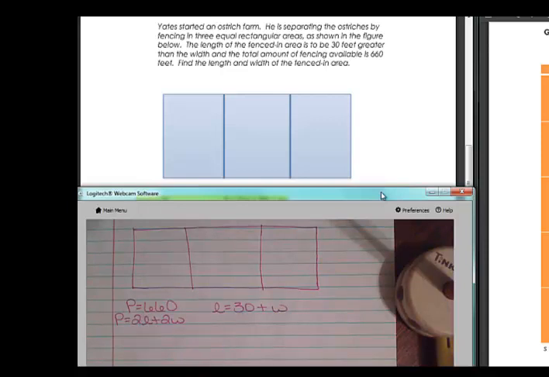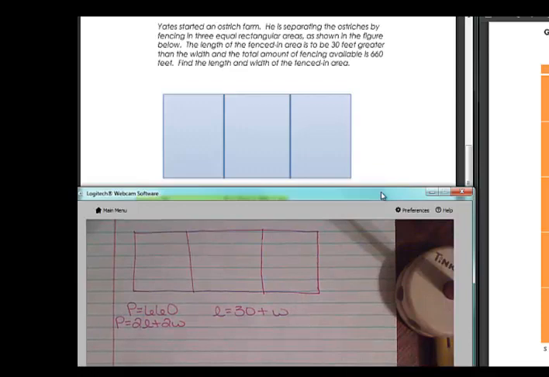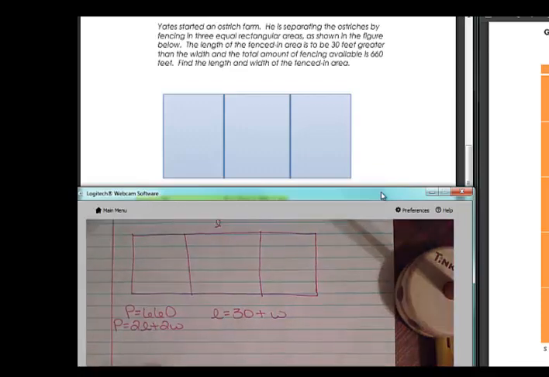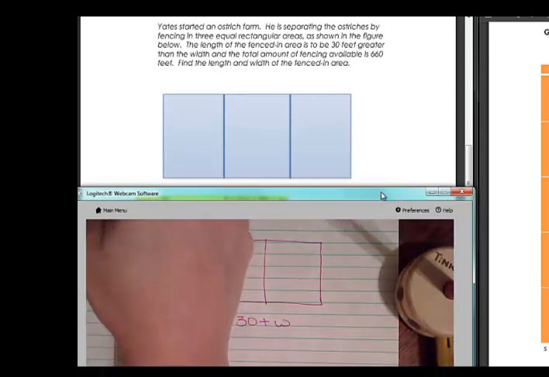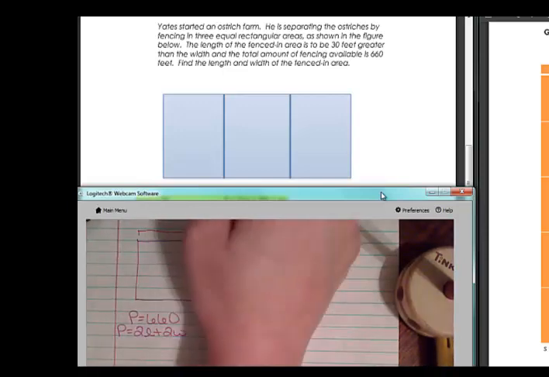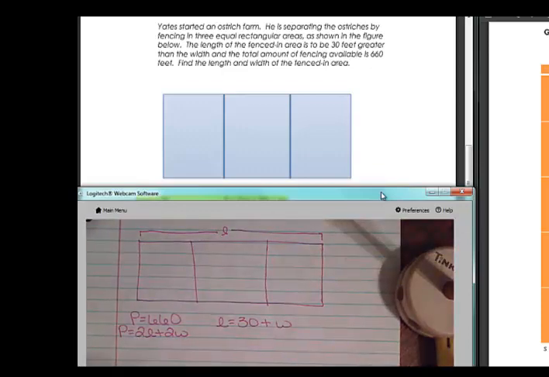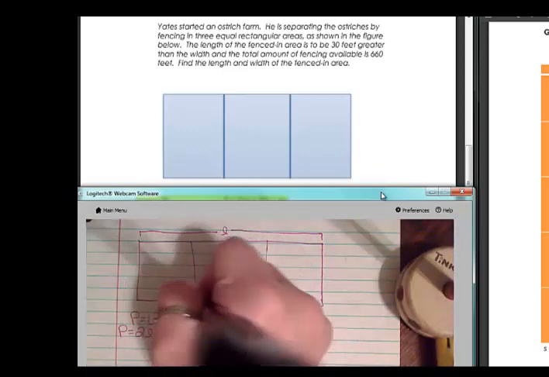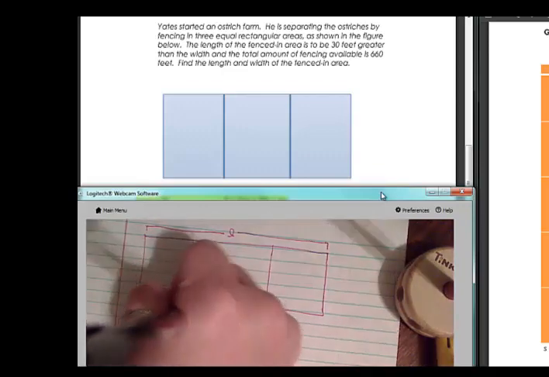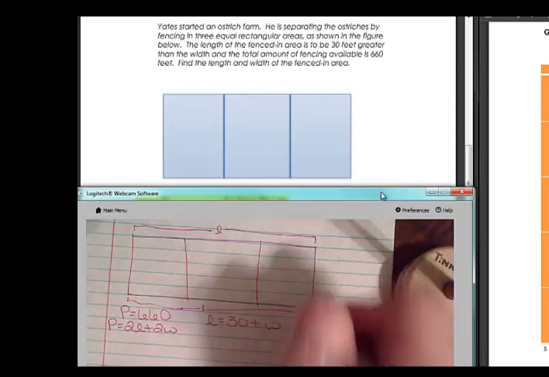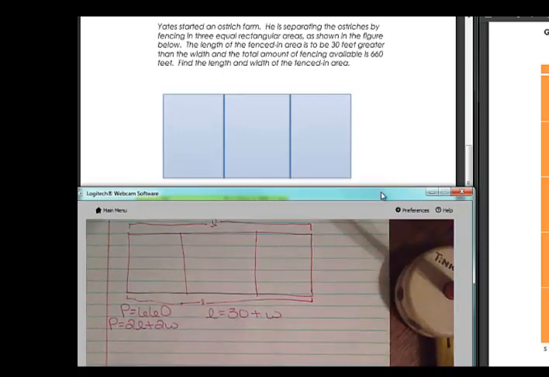And that might be a weird question, but if you look at it, we have L up here, which is this whole side, and then we have the same thing down here. We have this L down here, so that's where we get our 2 L's from. But how many W's do we have?